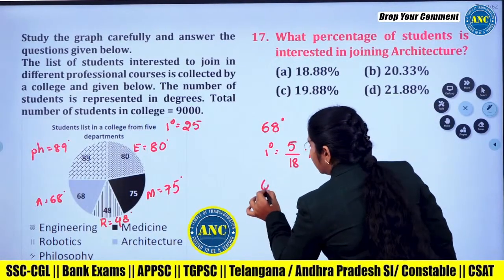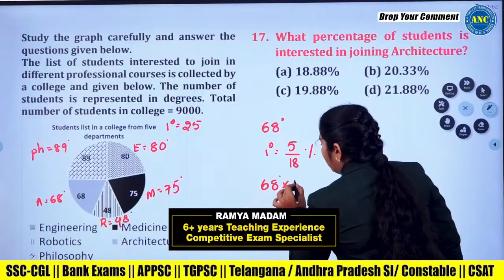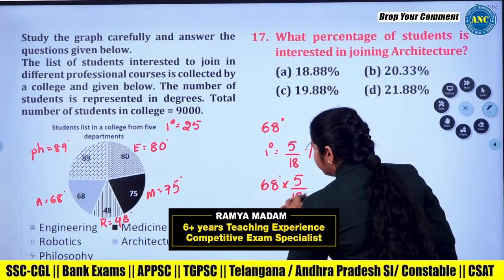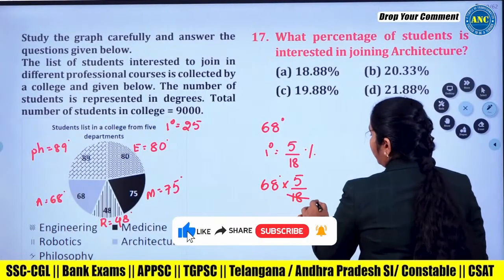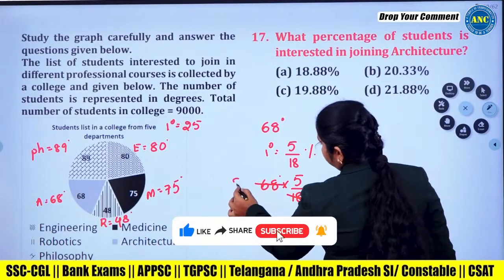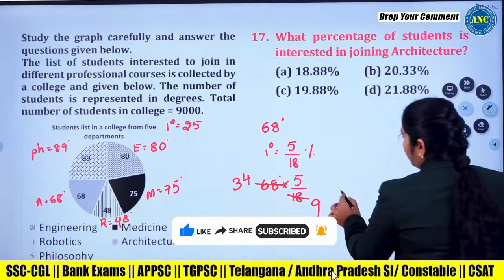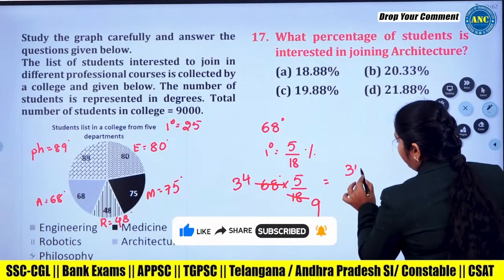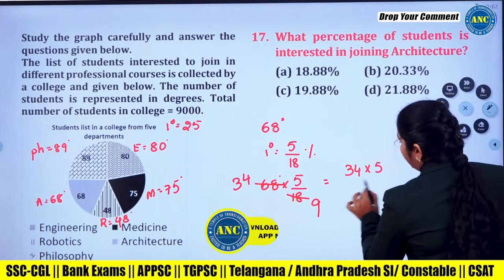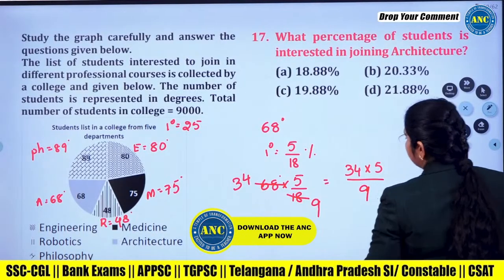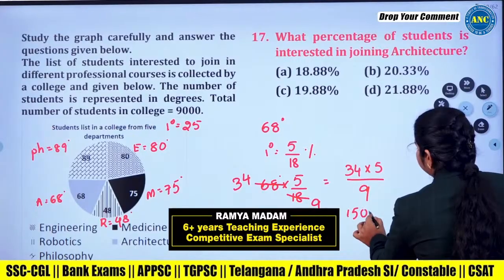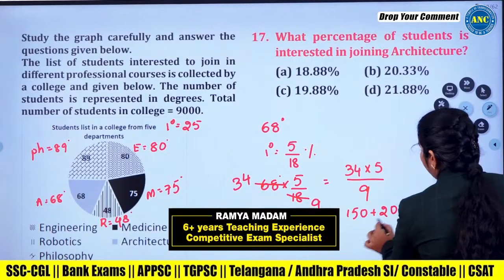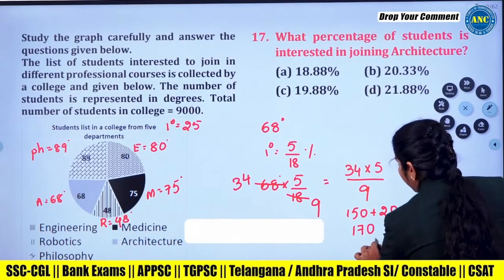So, you can convert 68 degree into 5 by 18. 2 9s are 18, 2 4s are 8, so you will have 34 into 5 by 9. 5 3s are 15, so 150, plus 5 4s are 20. So, it will be 170 by 9.